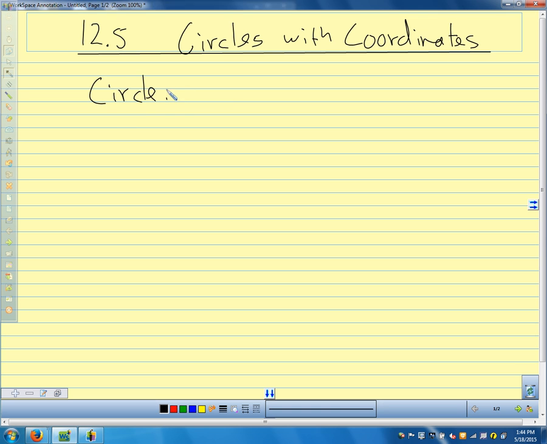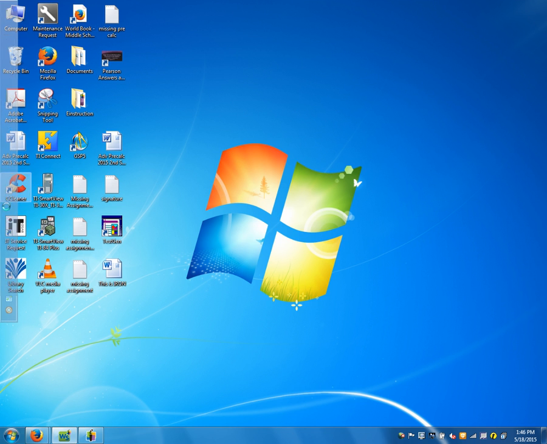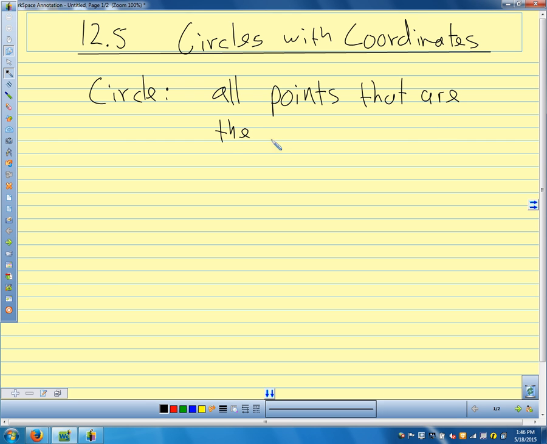And we said a circle was all points that are the same distance from a center point.